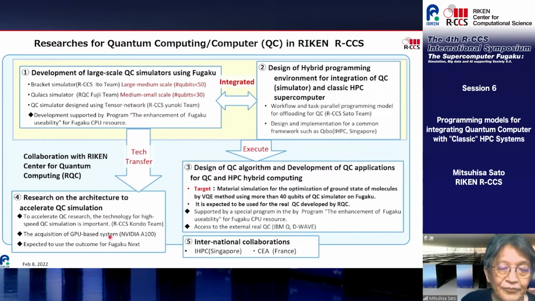And the last one is research on architectures to accelerate quantum computer simulation. To accelerate quantum computer research, technologies for high-speed quantum computer simulation are important, and this part is led by Dr. Kondo's team, using GPU.